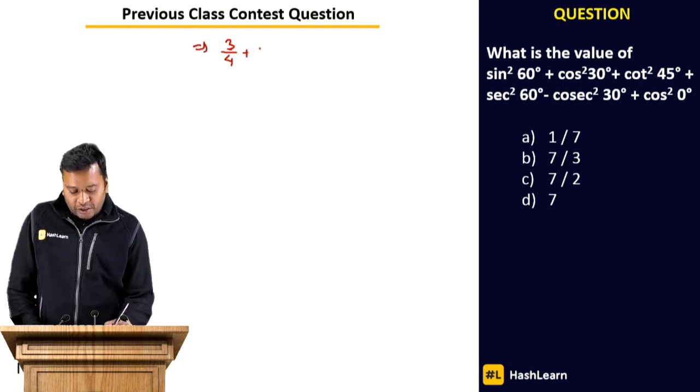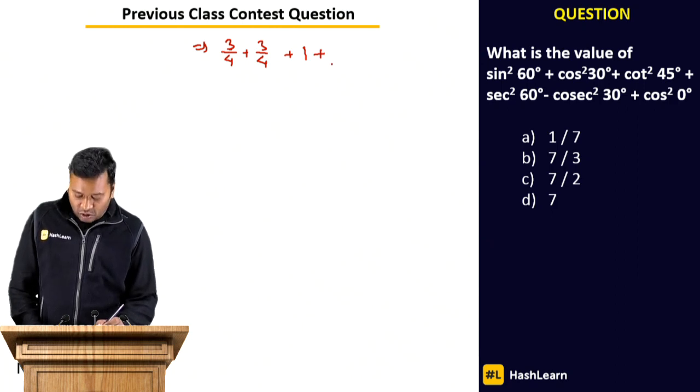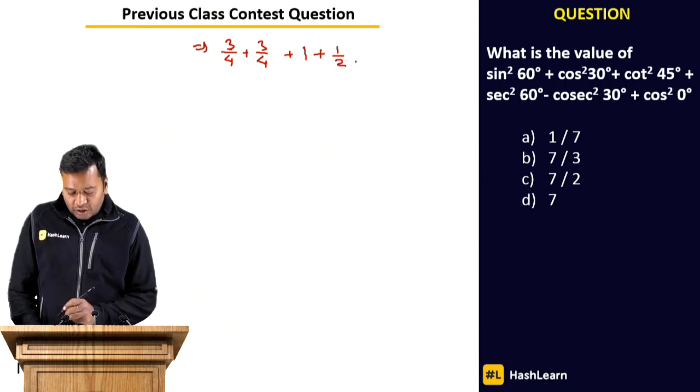Plus cos square 30 is also 3 by 4, plus cot 45 is 1, sec 60. So sec 60 is how much? Sec 60 is nothing but 1 by cos 60. Cos 60 is nothing but 1 by 2.